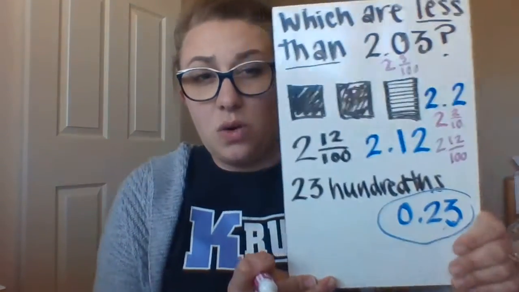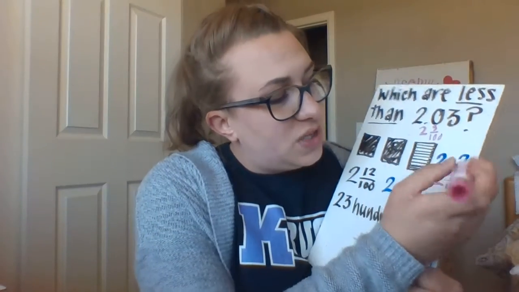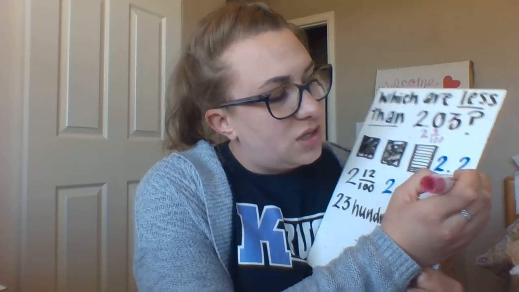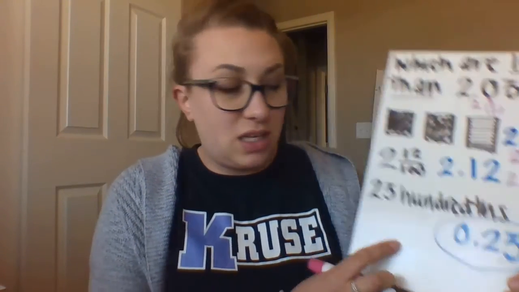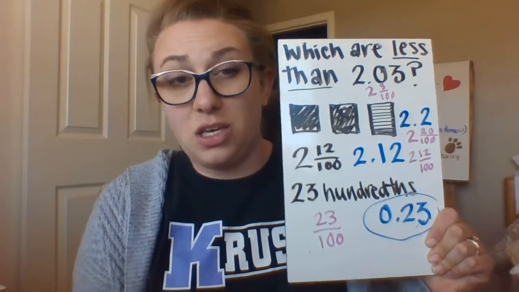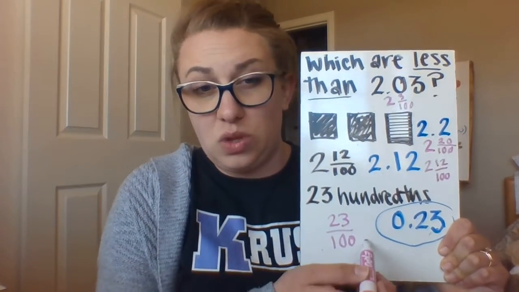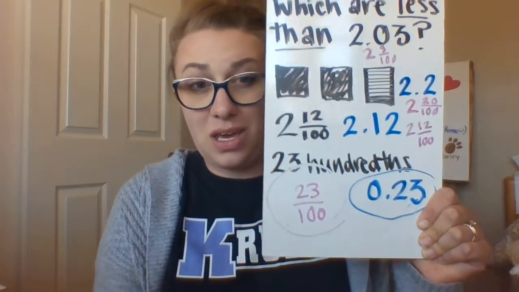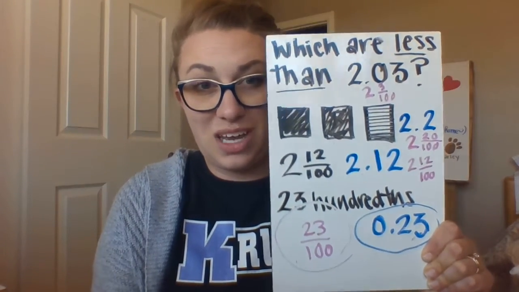That one's easy. And then 2 12/100. I also know that 2 2/10 is the same as 2 20/100. So that's easier to compare. And then finally here, it's actually just 23 over 100. So again, even as fractions, all of the pink, you can tell that this is the only one that is less than 2 3/100.